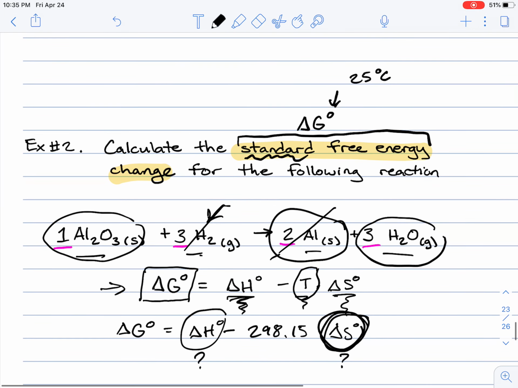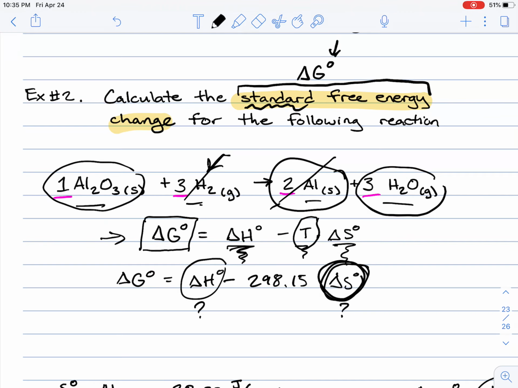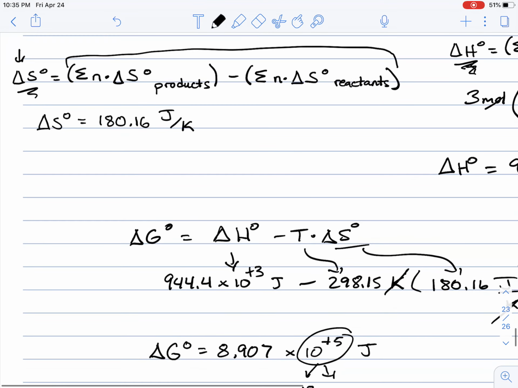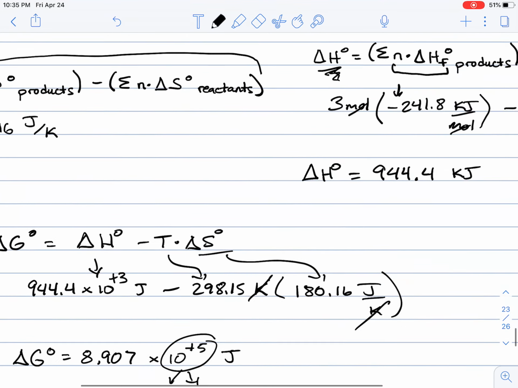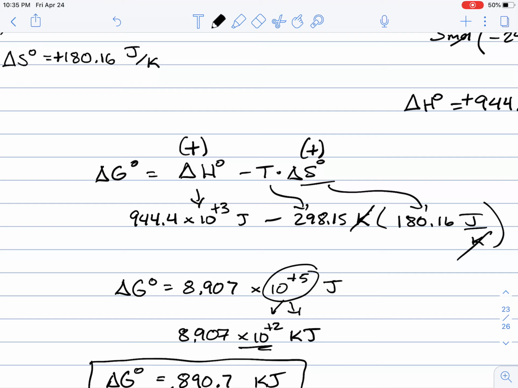At this temperature, let's think about this real quick. Let's look at the signs. Notice our sign is positive for entropy and positive for enthalpy. If our sign is positive for enthalpy and positive for entropy, for this reaction to be spontaneous in the forward direction, the temperature must be much, much higher than 25 degrees Celsius.